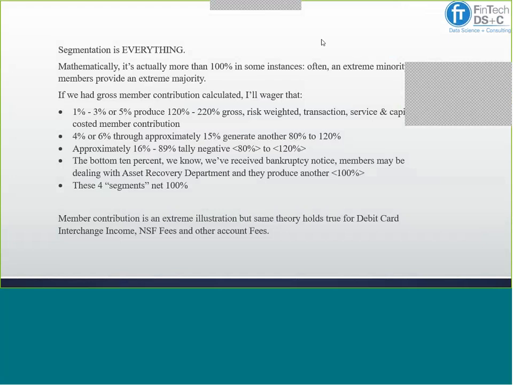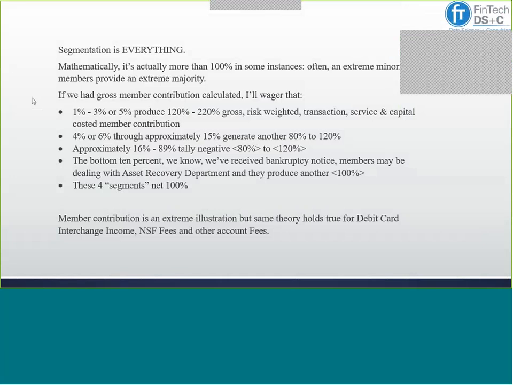In fact, when we're talking member contribution, again, it is that extreme minority producing an extreme majority. So just to delve for 30 seconds into that segmentation of member contribution, it's a key segment filter that I'll come back to throughout this presentation.